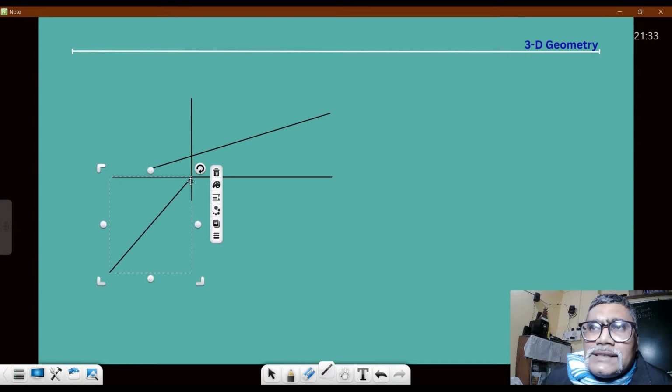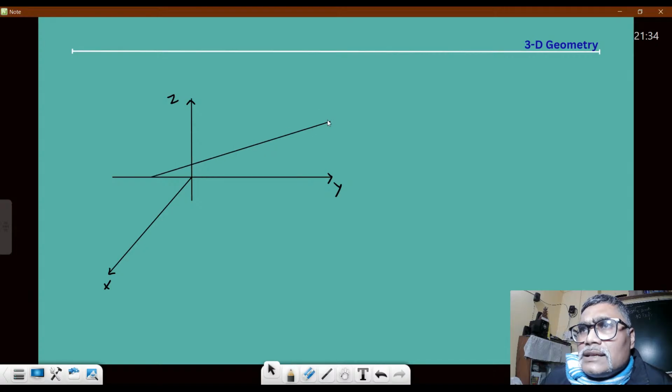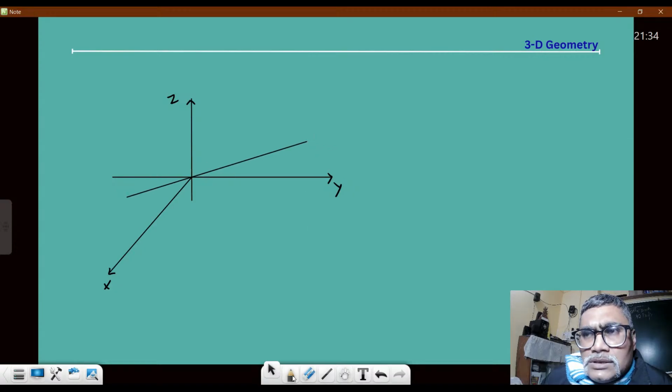I have drawn the three coordinate axes: this is the x axis, this is the y axis, positive side I am drawing, and this is z, and this is going to be my line. This line can be anywhere, but whenever I want to find the angle, I can slide it to pass through the origin so that I can think about the angle.